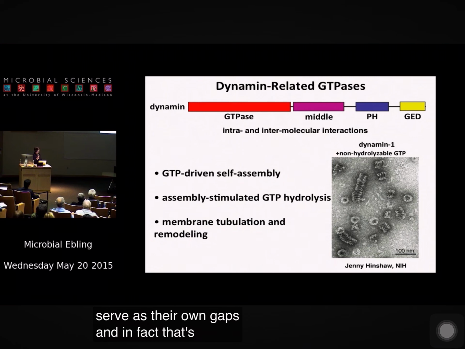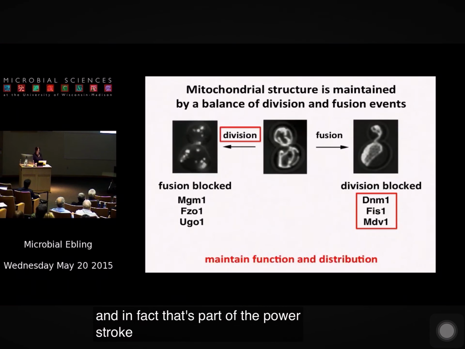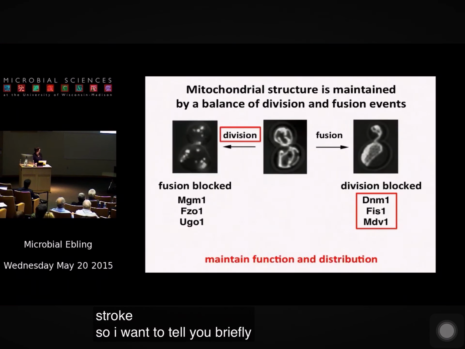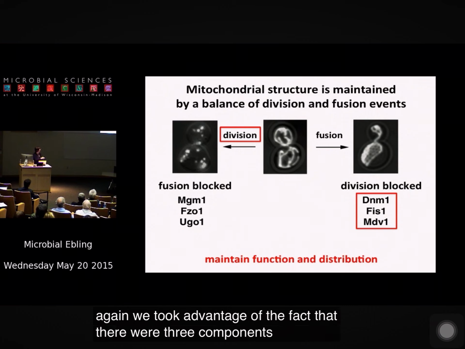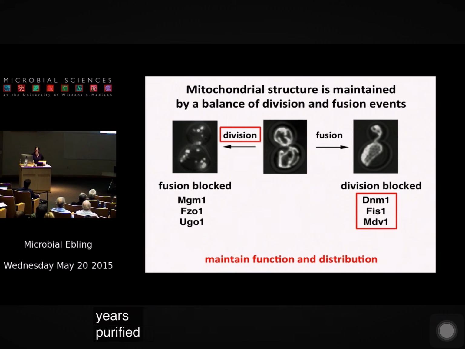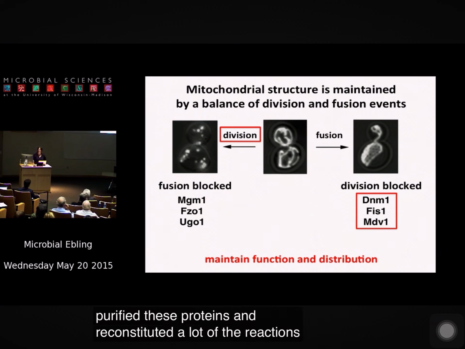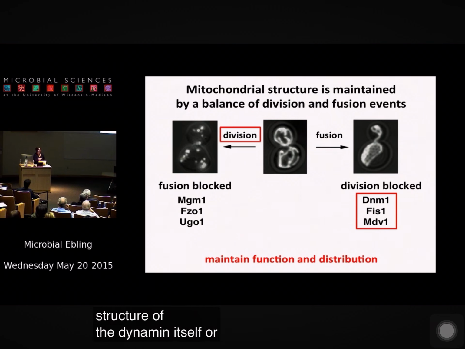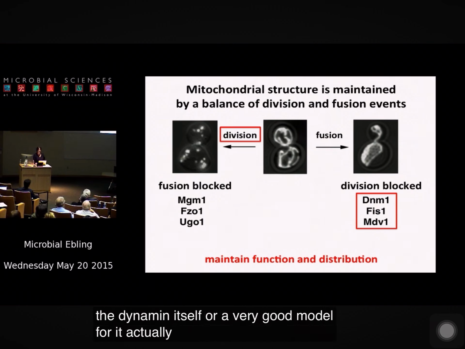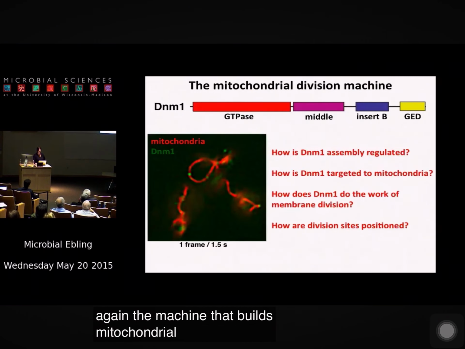And in fact, that's part of the power stroke. So I want to tell you briefly, again, we took advantage of the fact that there were three components, and over the years, purified these proteins and reconstituted a lot of the reactions that occur during mitochondrial division in a test tube, culminating in a crystal structure of the dynamin itself, or a very good model for it, actually the endocytic dynamin. Again, the machine that builds mitochondrial division.